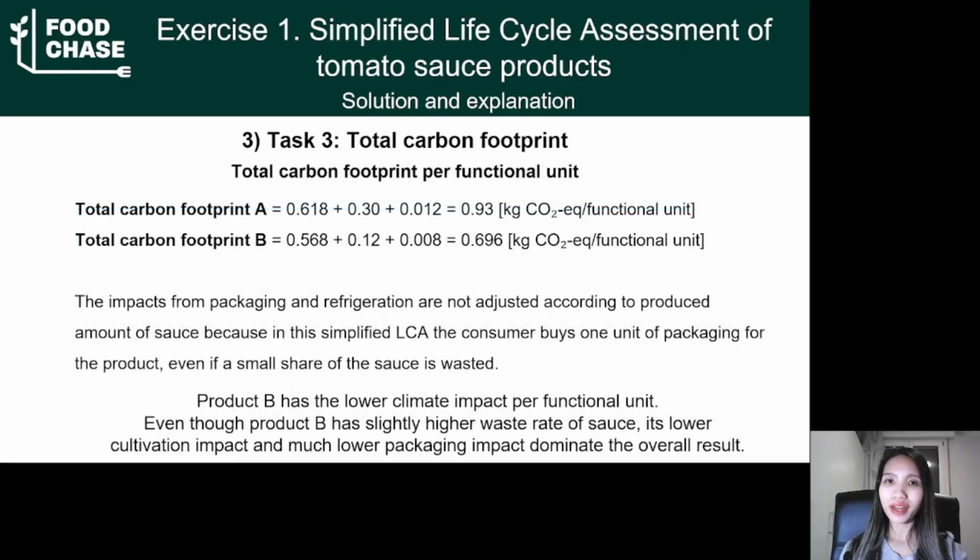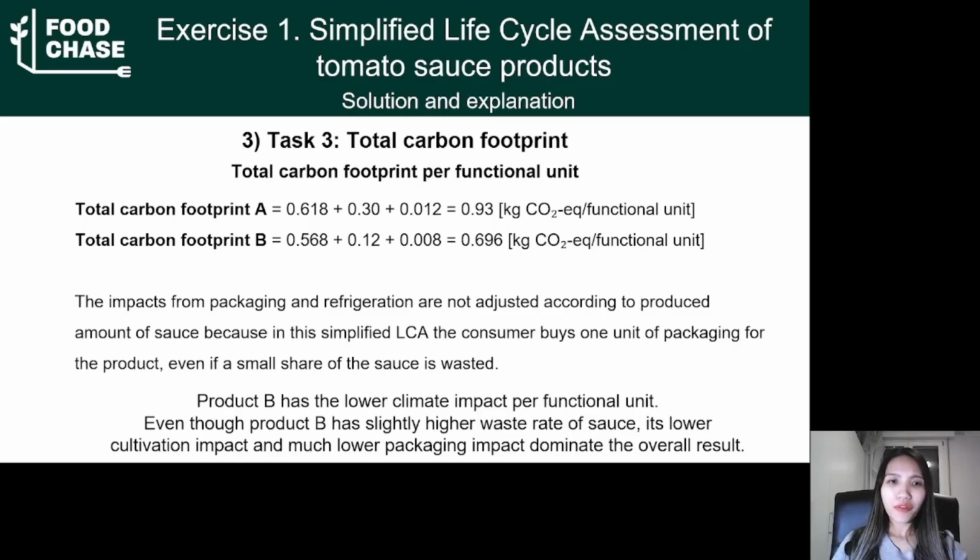Now, to calculate the total carbon footprint per functional unit, we only have to sum up the result we obtained in the second step with the impact that comes from the packaging and refrigeration during consumption. In the case of product A, the total carbon footprint is 0.93, and in the case of product B is roughly 0.70.